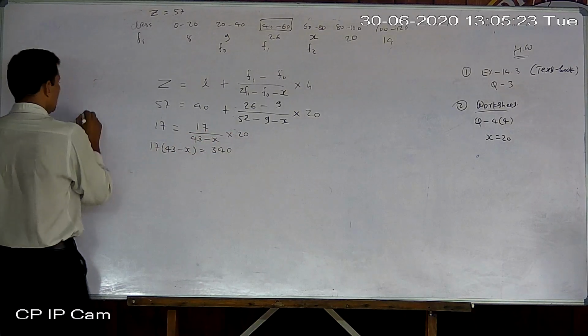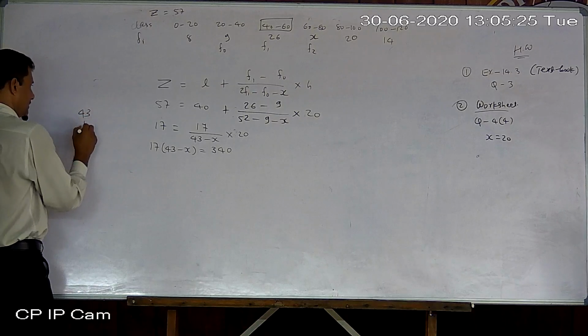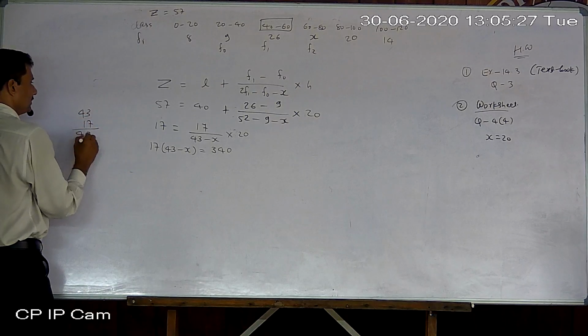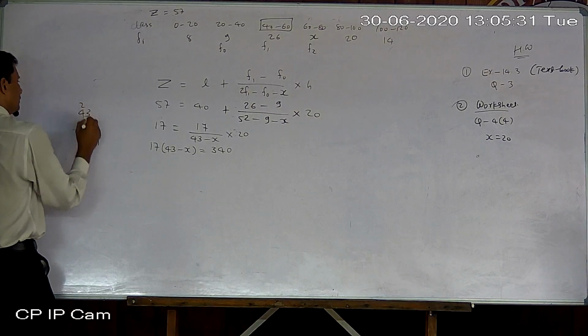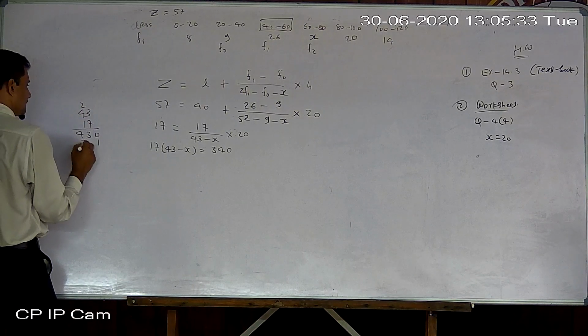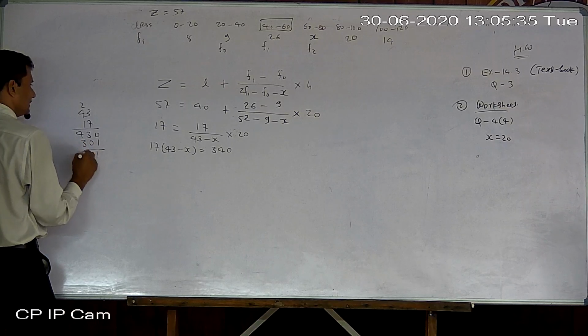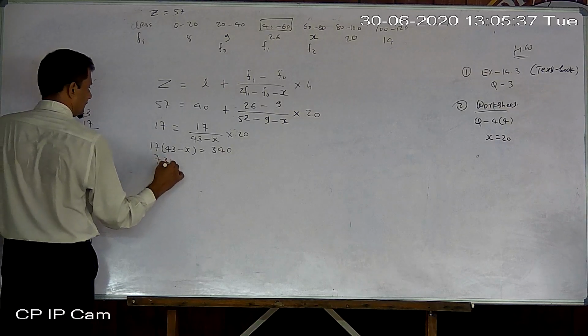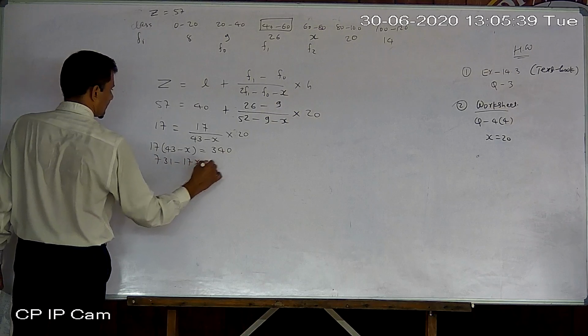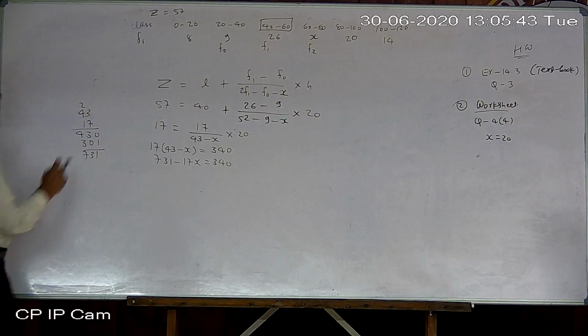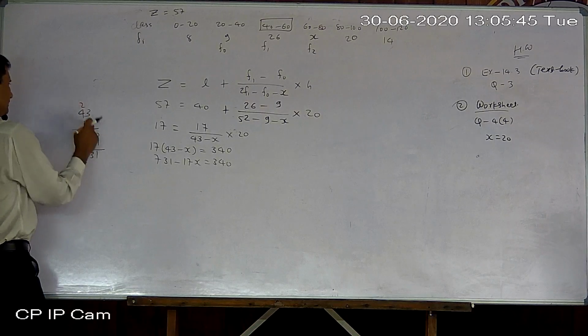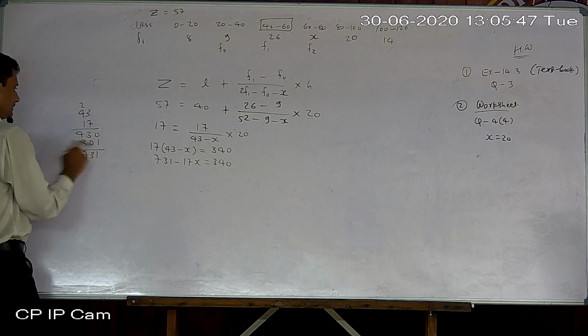Now multiply it. So 43 into 17, 731. So 731 minus 17x equal to 340.